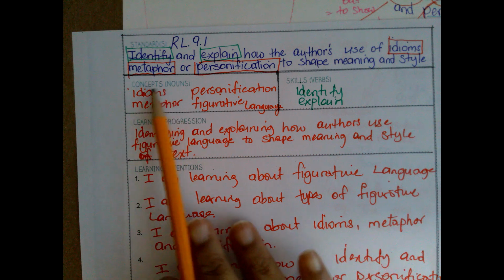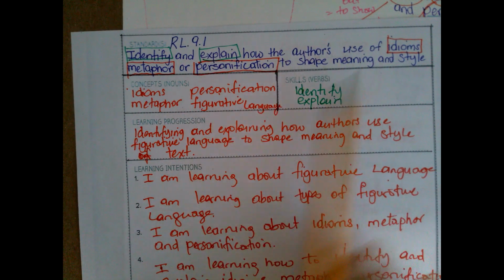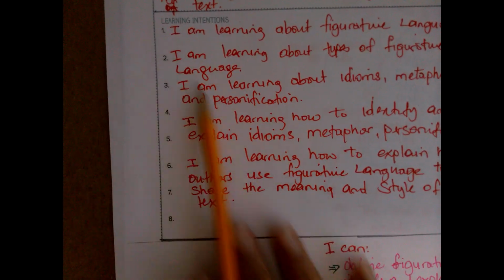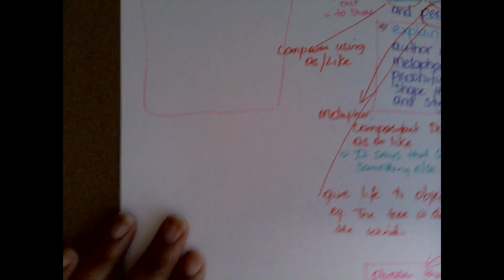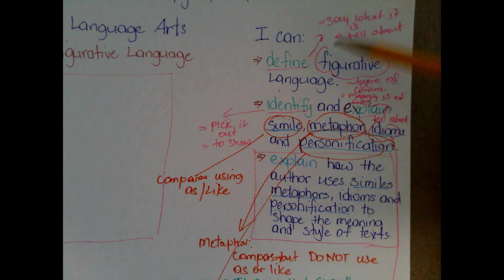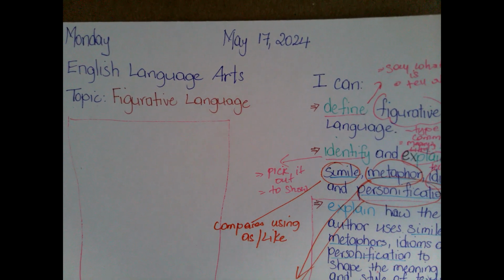We came up with the concepts that need to be taught for them to fully understand, as well as the skills they would use. We came up with our learning intentions as well as our I can statements. Then we broke down these I can statements to our students. And so now we are ready to teach.